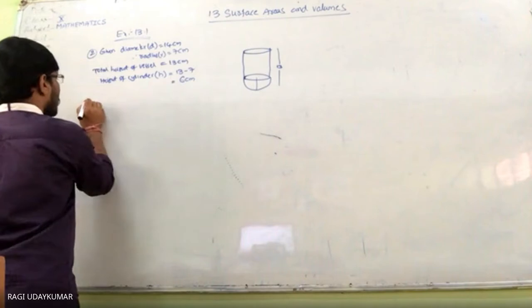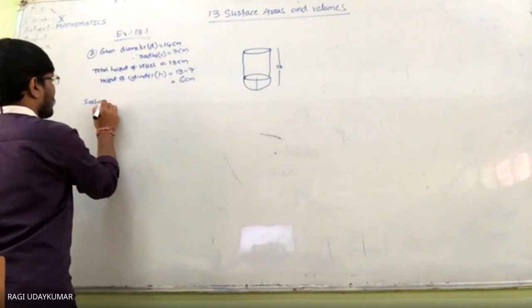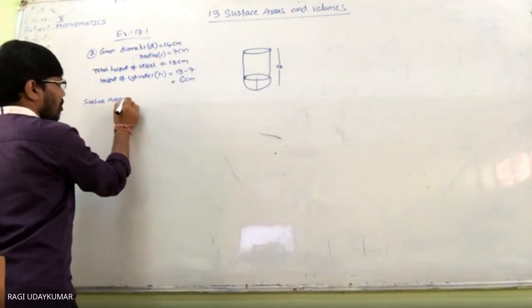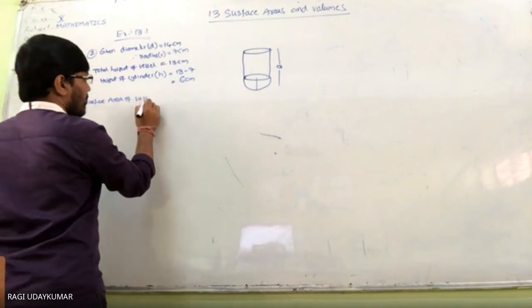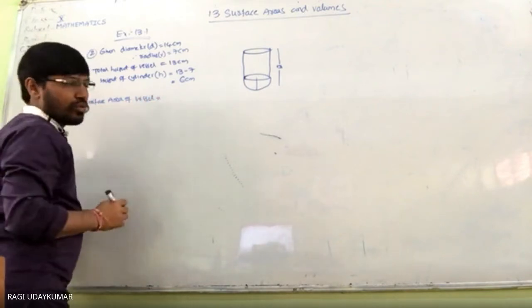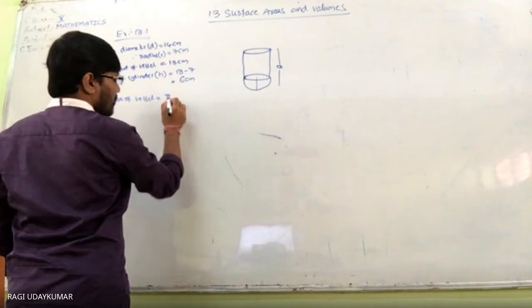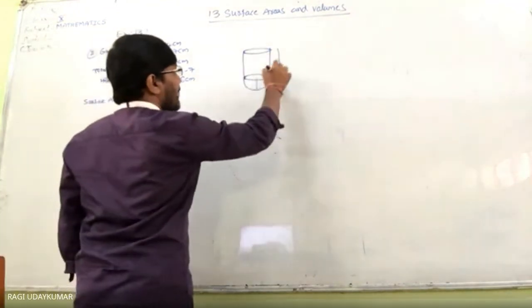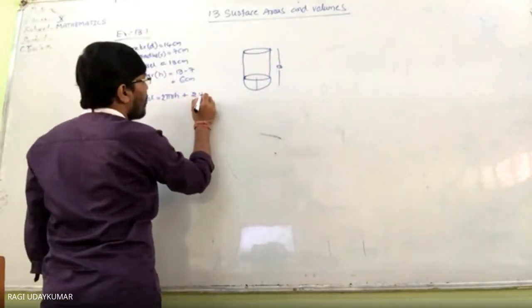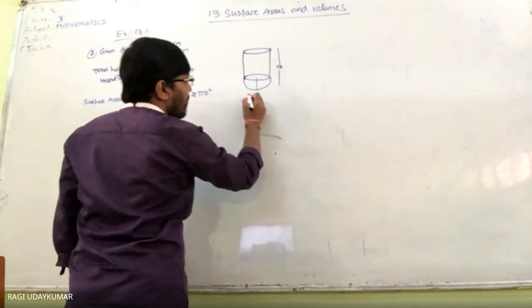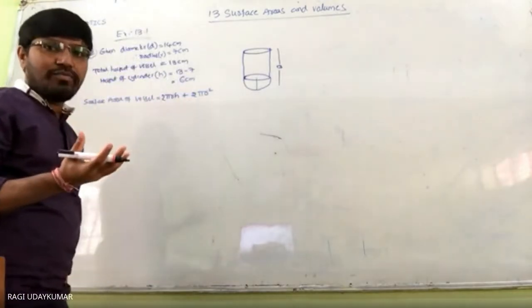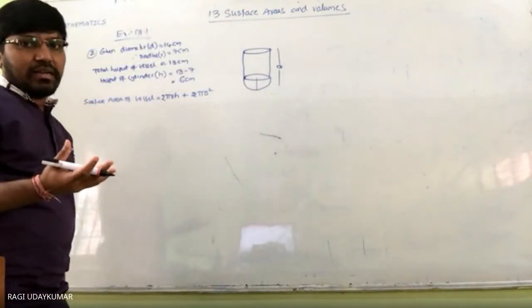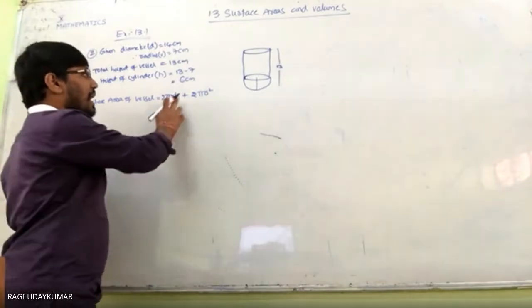So therefore, surface area of the vessel is equal to 2 pi r h, the inside area, plus 2 pi r square, the curved surface area of the hemisphere. Add both. In this case, r is the same.